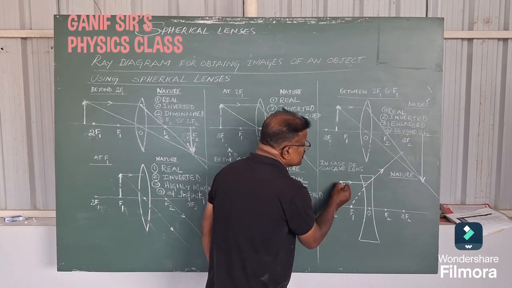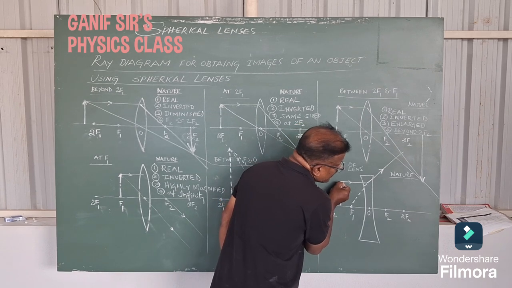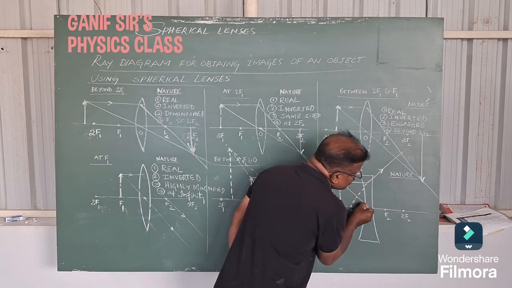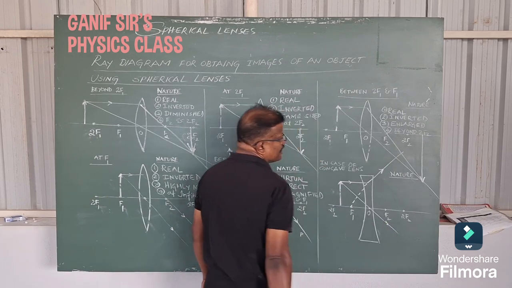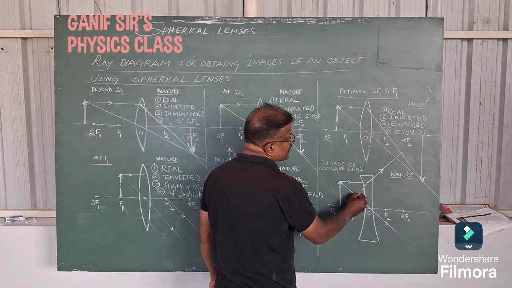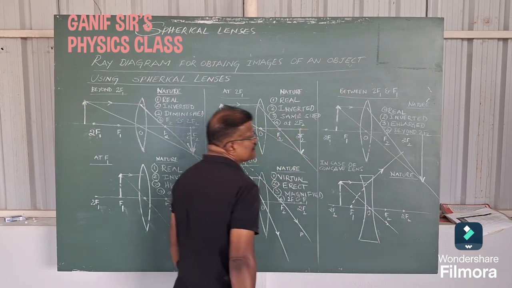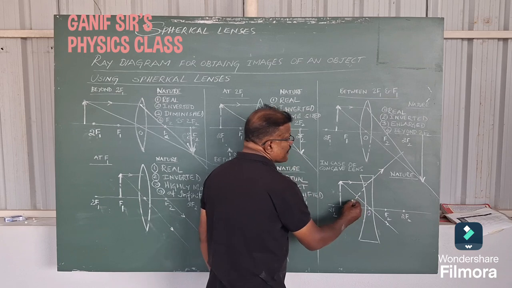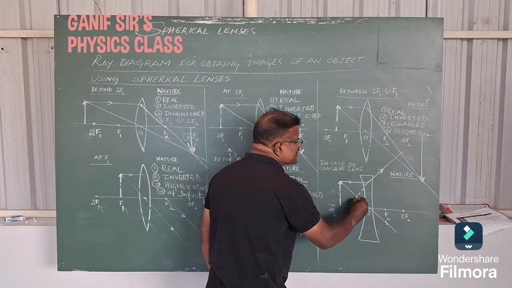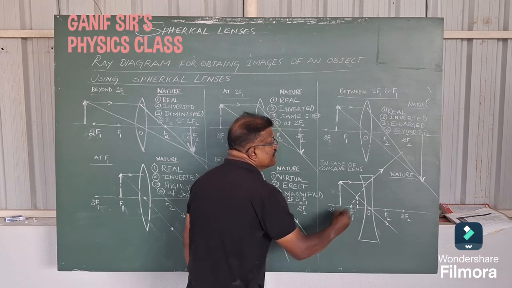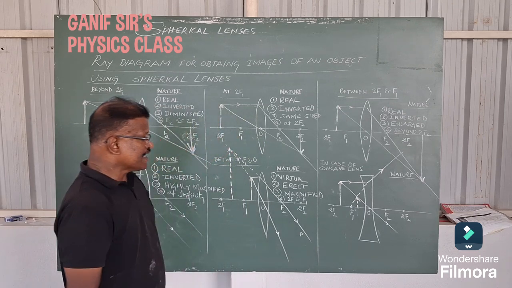And I am passing a second ray through O. It moves undeviated. And here, see what is happening. One is the real ray, and another is the virtual ray. They appear to intersect somewhere here. This is the image that I'll get.